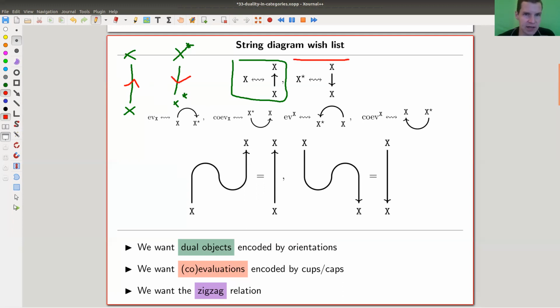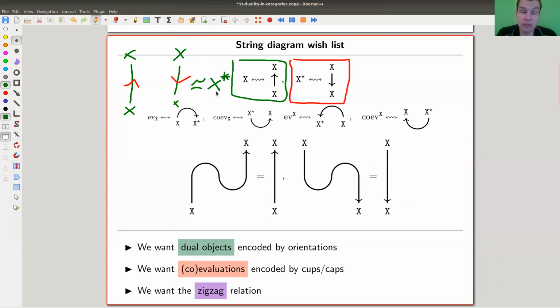My convention here, just my convention, is that whenever the orientation is upwards pointing, that corresponds to the object itself. And whenever it's downwards pointing, it corresponds to the dual object, whatever that means right now.